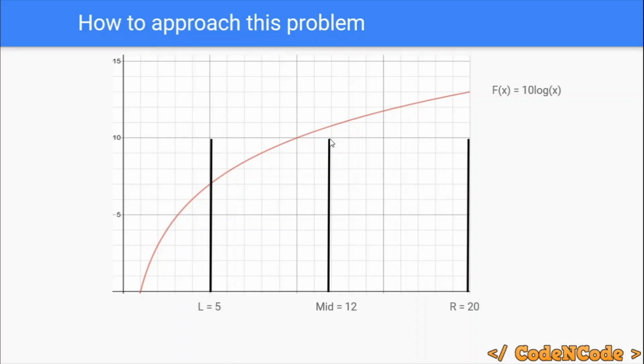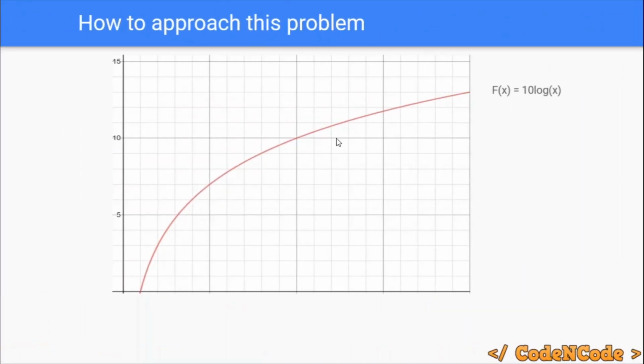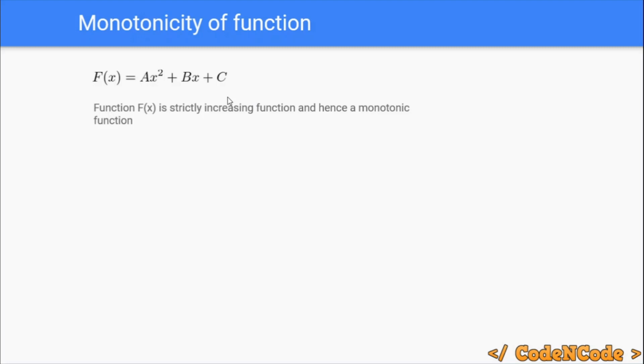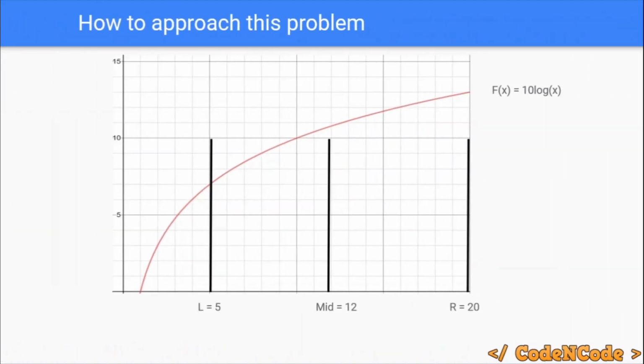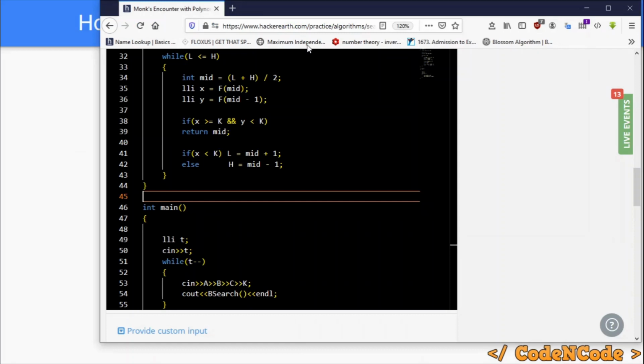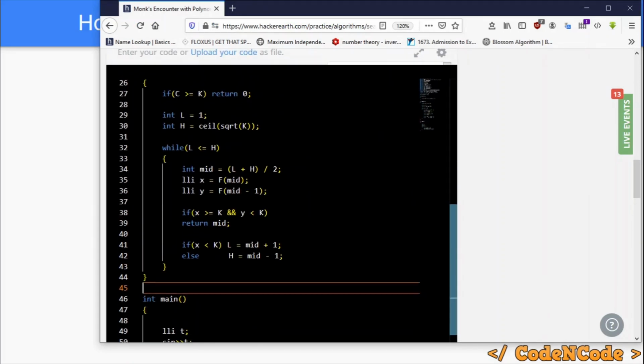First, f of mid should be greater than or equals to k, and f of mid minus 1 should be strictly smaller than k. The same condition we will check for this problem as well. Since this is also a strictly increasing function, we can apply the same approach. So for mid to be the solution, let me show you the code.